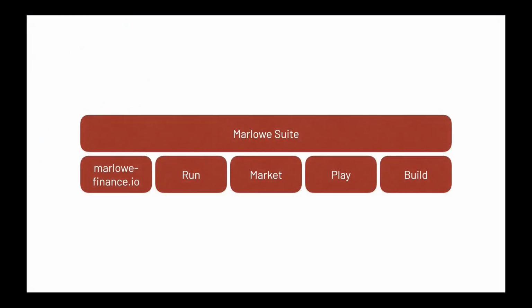Okay, so there's the language. What is the Marlowe product itself? Well, what we have is a suite of things. And what I'm describing here is the overall vision for Marlowe. I'm going to describe that and then tell you where we are with fulfilling that.